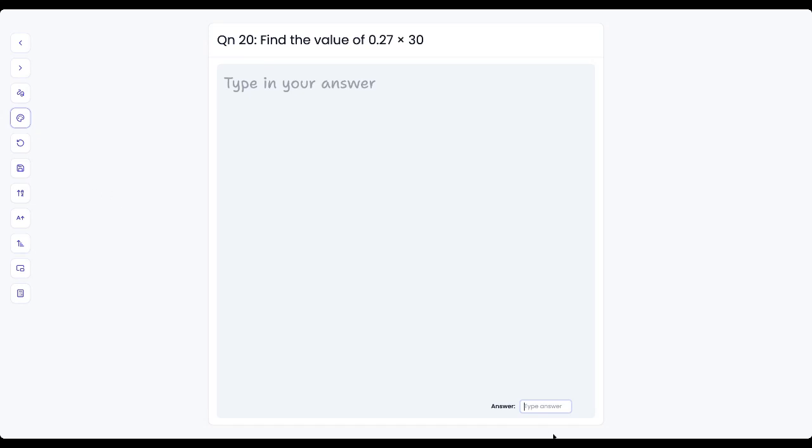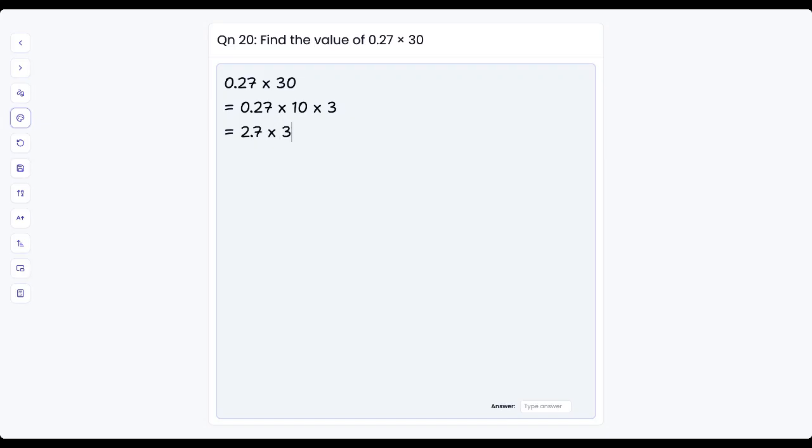Question 20. Find the value of 0.27 times 30. So 0.27 times 30 is the same as 0.27 times 10 times 3. And from here, we can just put 2.7 times 3.